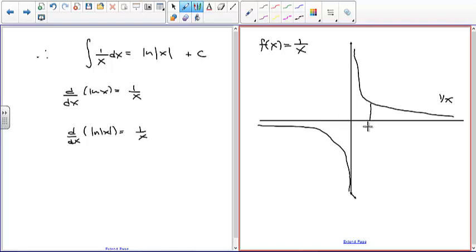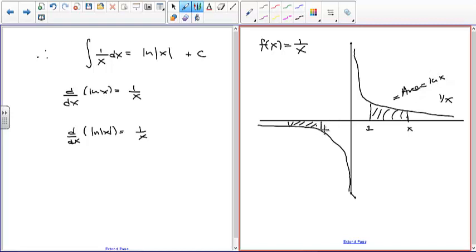So what we said was the area underneath the curve from 1 to x is equal to the natural log of x. But we also notice over here that we have area involved with the other part of the curve, where x is negative. The problem is that if we remember back to pre-calculus, we can't take the natural log of a negative number.